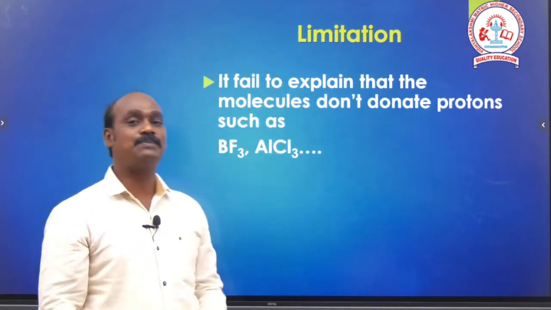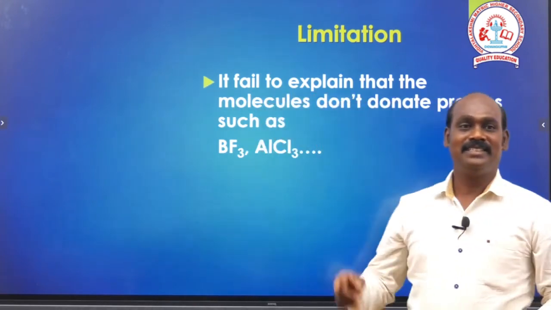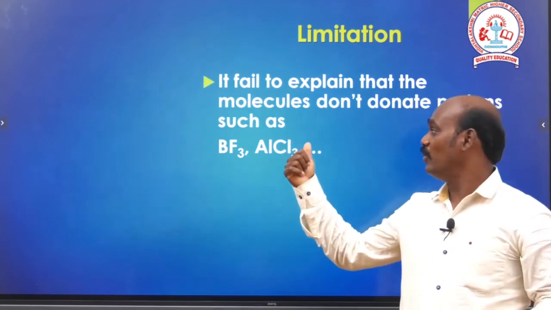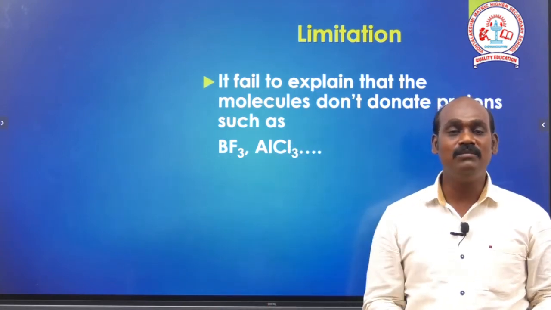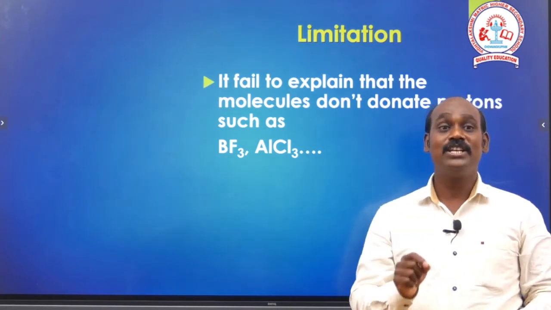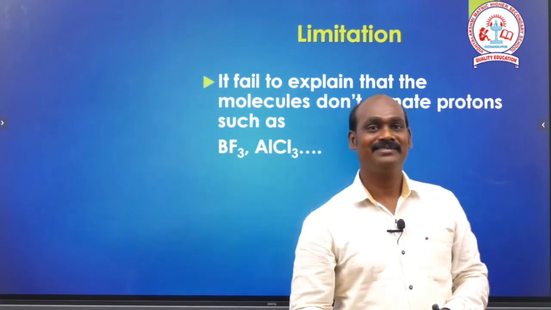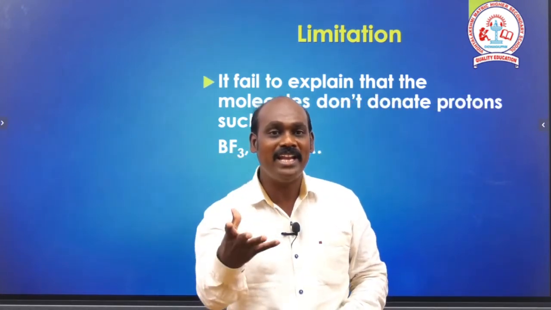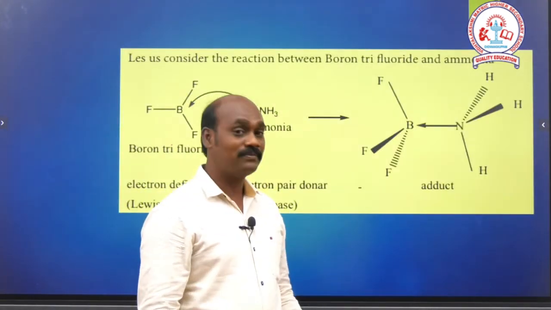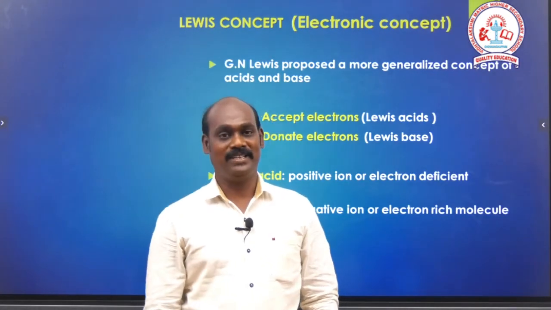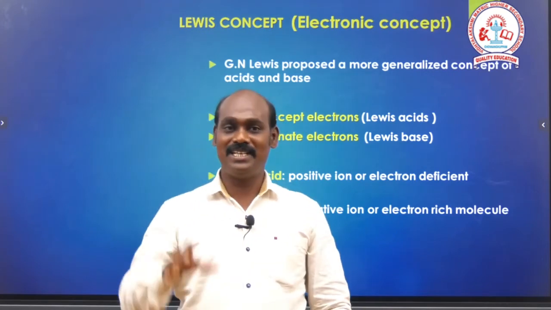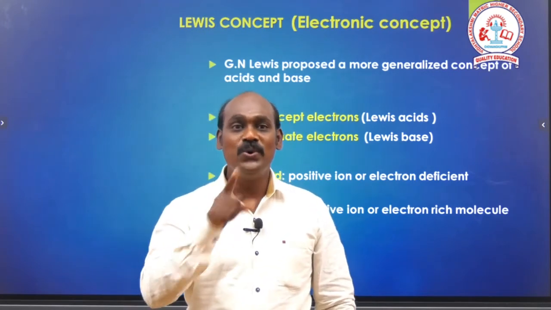It failed to explain molecules that do not donate protons, such as boron trifluoride and aluminum chloride. That is the important limitation of Lowry-Brønsted theory. That limitation is overcome by the new concept, the electronic concept, which is called Lewis theory.